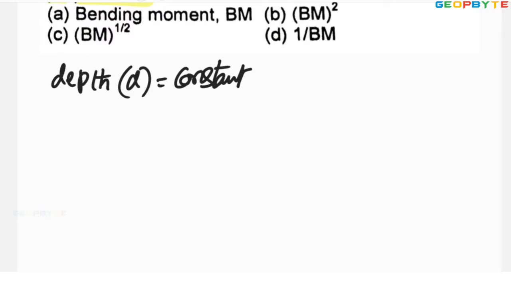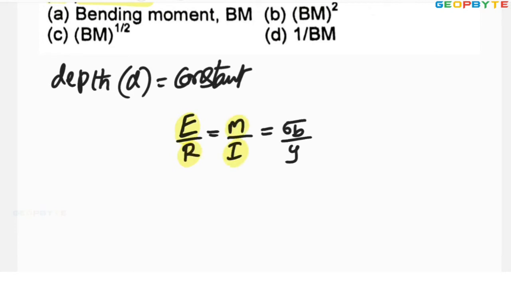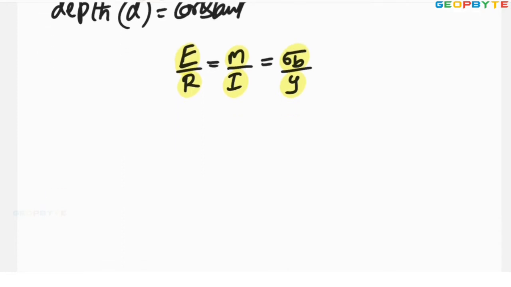As we know, the bending equation is E by R equal to M by I equal to sigma B by Y. This is the bending equation, where E equal to Young's modulus, R equal to radius of curvature, M equal to bending moment, I equal to moment of inertia, sigma B equal to bending stress, Y equal to distance from neutral axis to outermost layer.